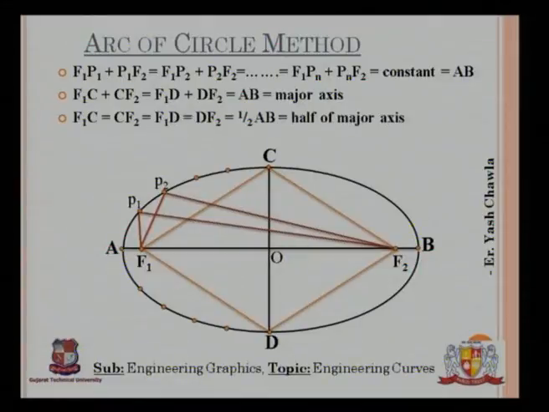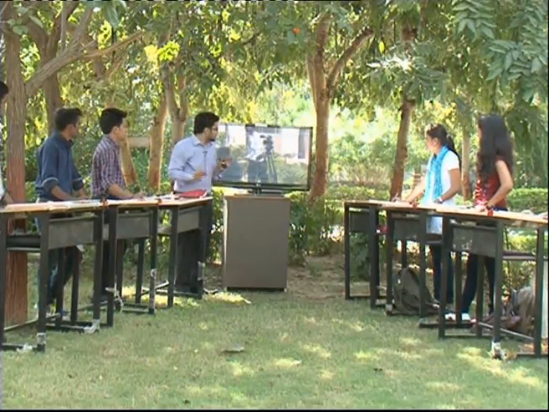constant, equal to AB. Okay. The second condition is that F1 to C, that is the focus to the end point of the minor axis, plus C to F2, that is again the same thing, like we have taken a point on the ellipse, but that point is the end point of the minor axis. Okay.